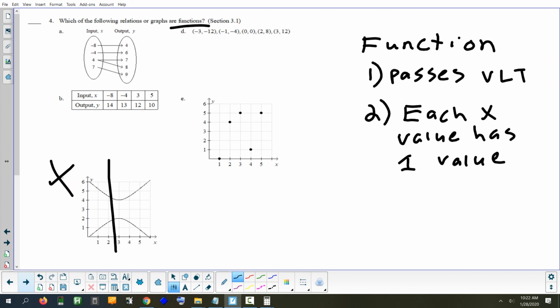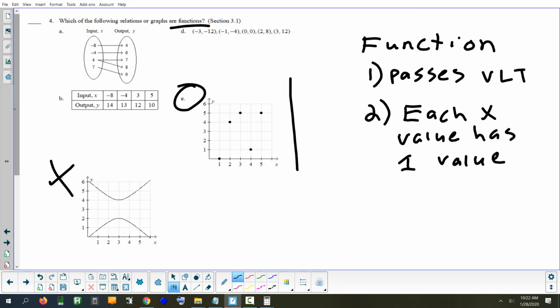So that one is no. Let's look at E. If I put a vertical line, does it ever hit 2 dots at the same time? No. No matter where I put it, it never hits 2 dots. So yes, that one is good. If you had a dot like that, could a vertical line hit 2 dots now? Yeah, that would be no good. But that's okay.